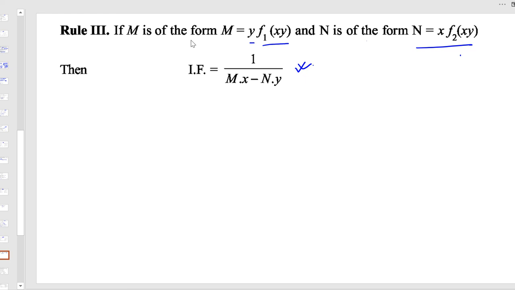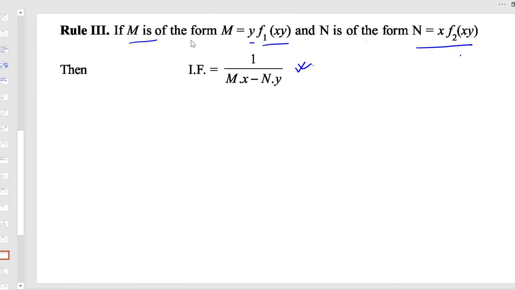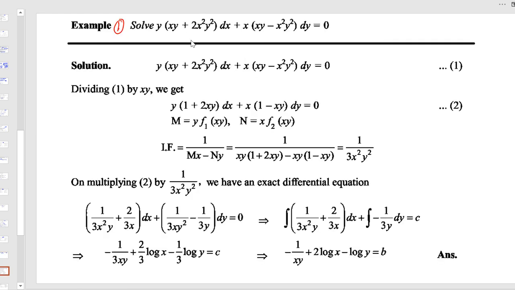Once we have exact form, then by step 1, 2 and 3 rule, we can find the solution. So remember, this given condition is very important. If m and n have this xy form, then we can directly apply the integrating factor. So this would be the integrating factor.